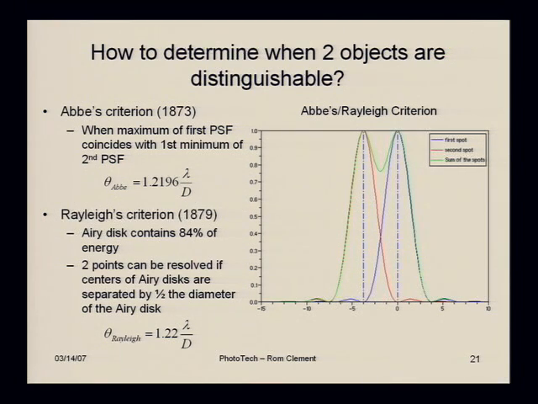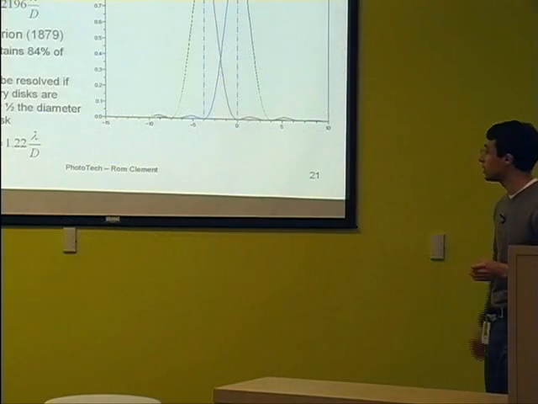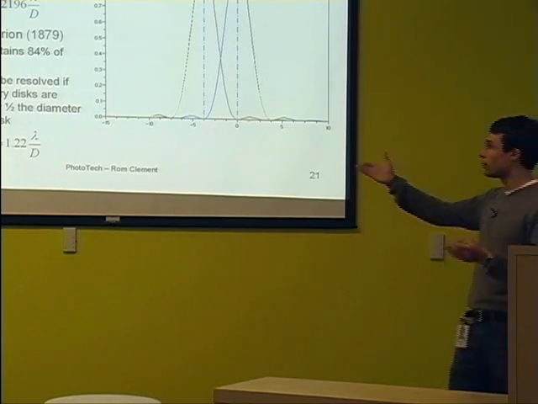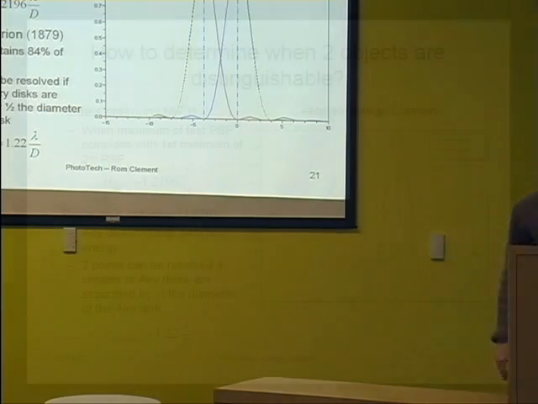Rayleigh had a different approach, which was a lot more based on the Bessel function and the Airy disk. The Airy disk is the first zero of the Bessel function. So let's say it's the middle of the first black circle that you've seen previously. And the result was nearly the same, if not identical.